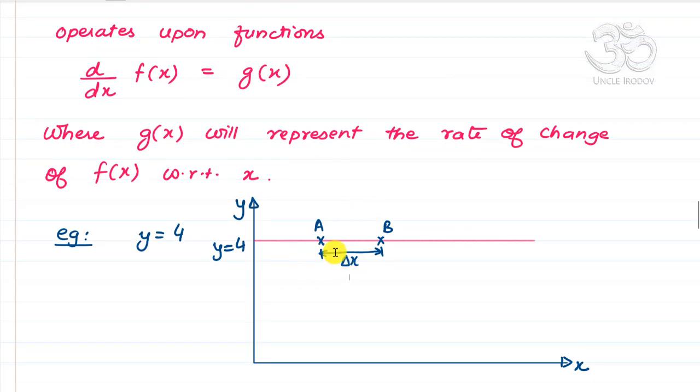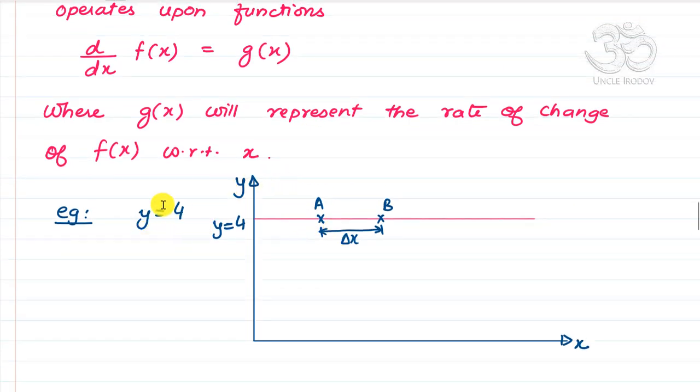The intuitive idea here is that when I find d by dx of a function, I get the rate at which it changes whenever x changes. Now, whenever x changes, a constant function doesn't change. So the rate of change is 0. And that's the first formula that you should keep in mind, that d by dx of a constant is 0.